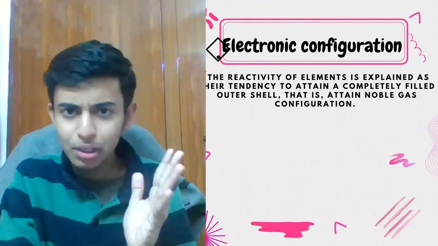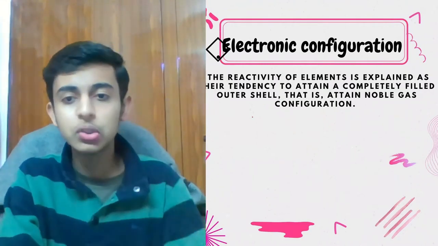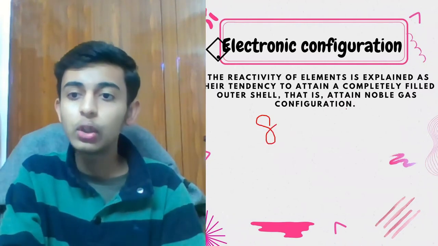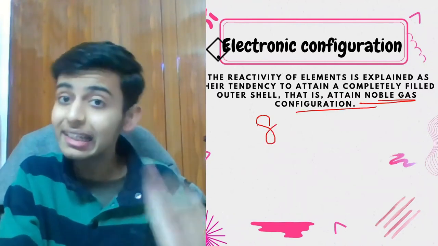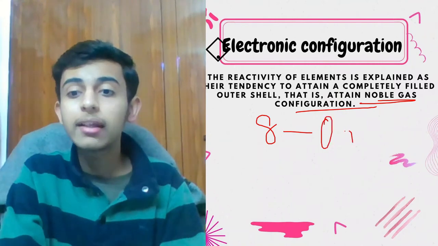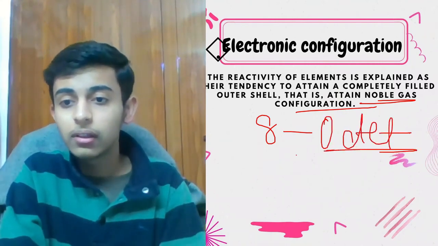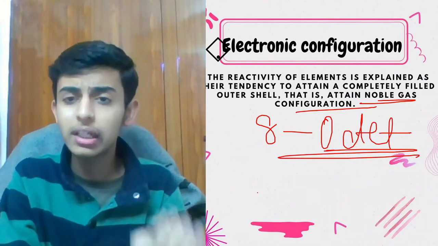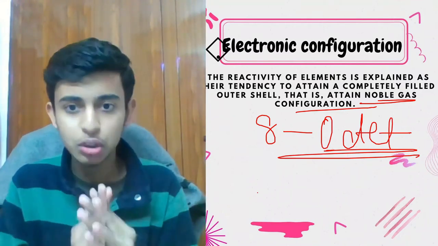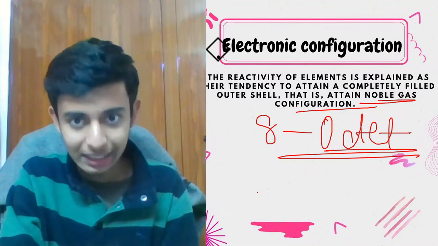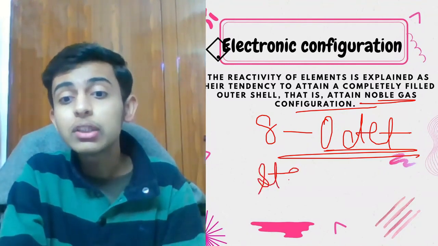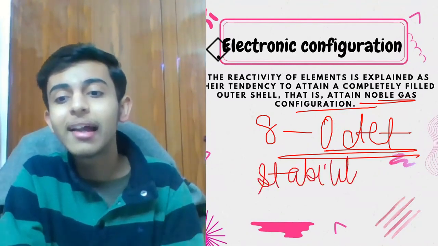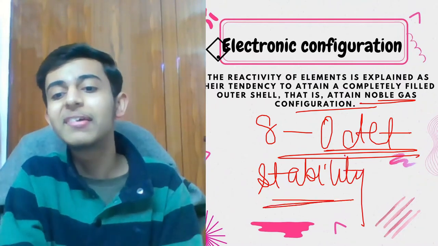Every element wants its outermost shell to have 8 electrons. Noble gases have 8 electrons in the outermost shell, and this is known as octet. The octet rule means that the outermost shell of that element should have 8 electrons, for stability, so that they can be stable and live happily.